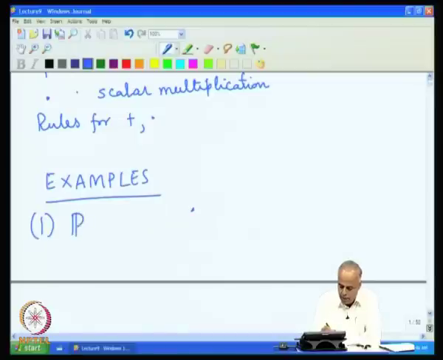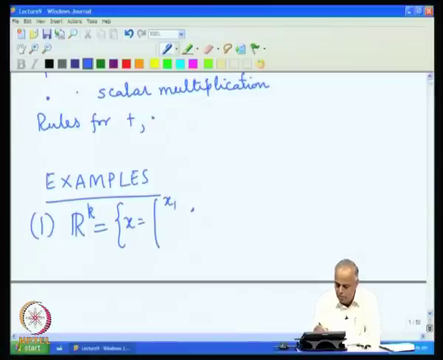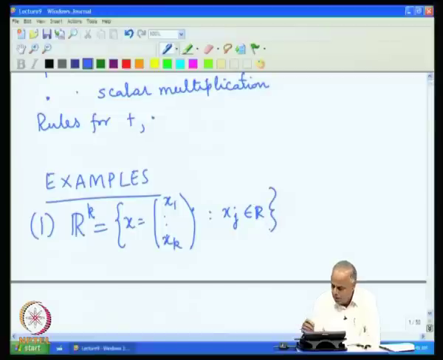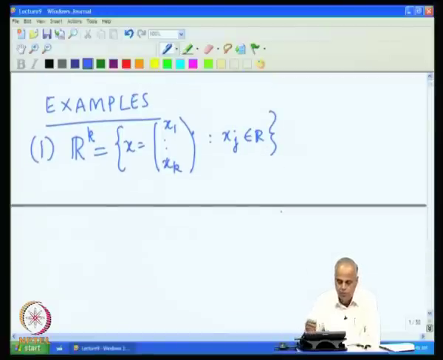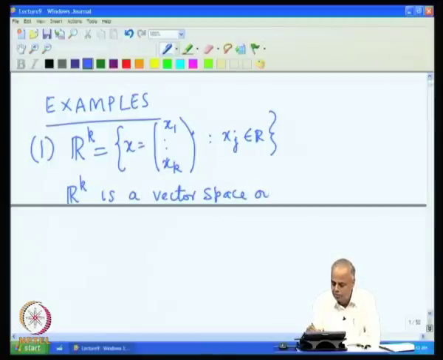So, R k, which is the set of all column matrices such that x j belong to R, and then we have the usual laws of addition etc. So, R k is a vector space and the field is R over R.